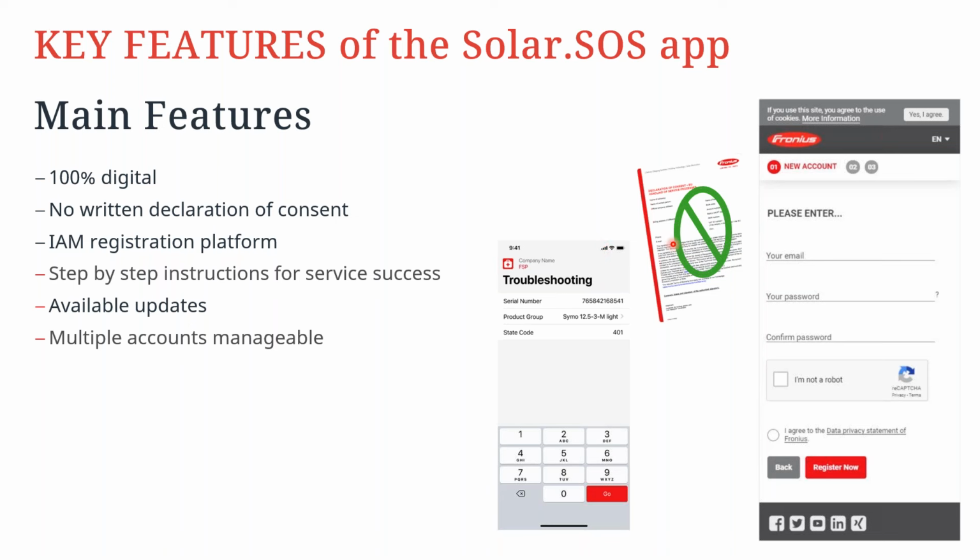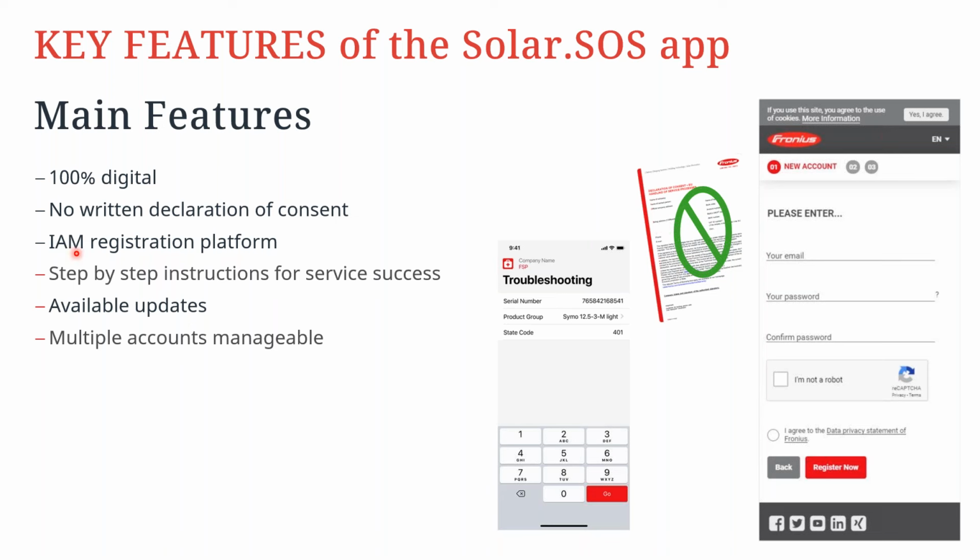Previously, any applicant for the app needed to fill in a document and then scan and send it back. But this time around, everything is done digitally. So no written declaration of consent anymore. It is IAM enabled. This means that if you have a login credential in any of our other apps, like SolarWeb, for example, you don't have to enter a different login credential for this.